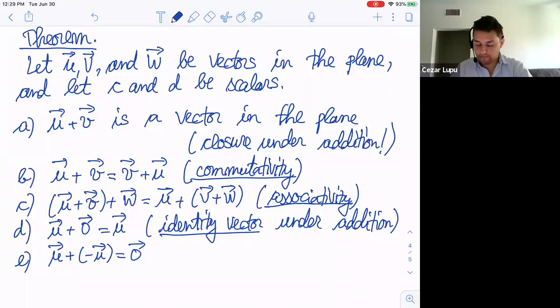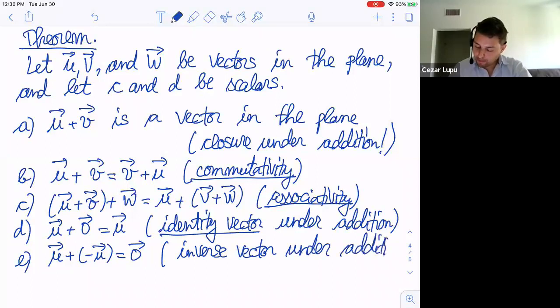So this will be what we'll call the inverse vector under addition.